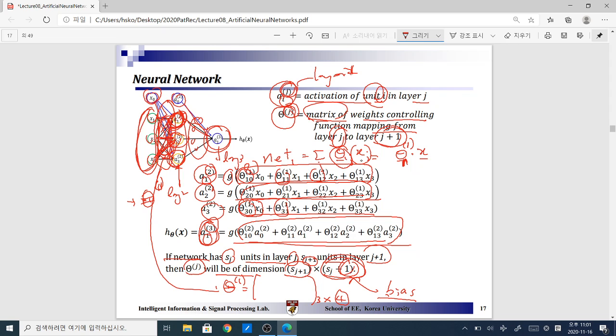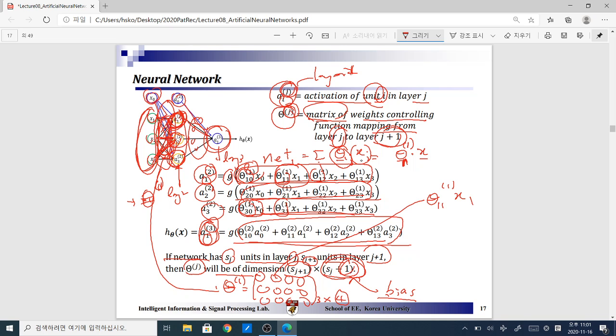In other words, as you can see, we have 1, 2, 3, 4, 1, 2, 3, 4, 1, 2, 3, 4, where each, let's say the second one here would be theta, so theta of, say, 1, 1, 1 times, say, x1, okay?